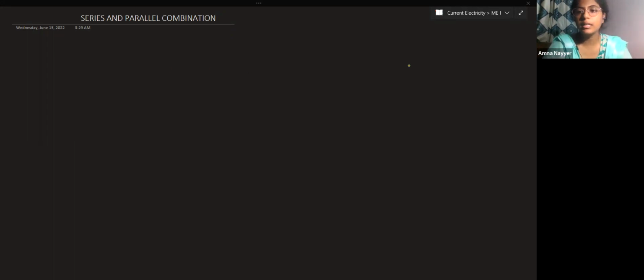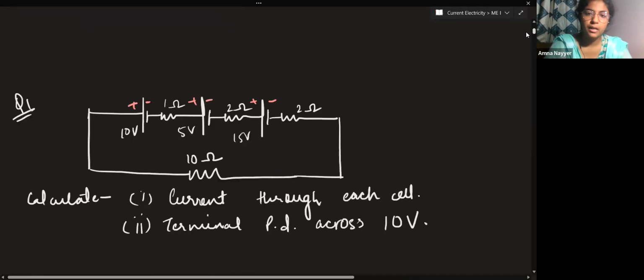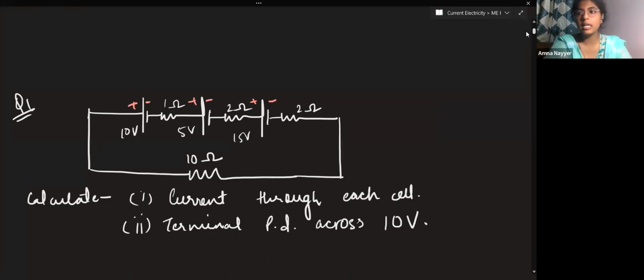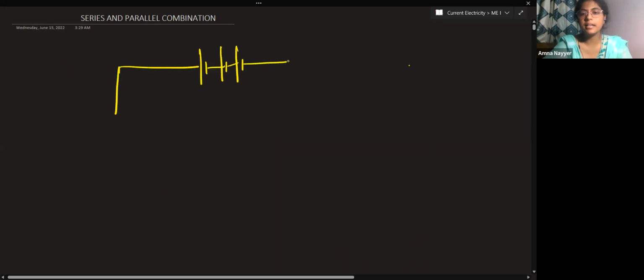See, before we start with the actual series and parallel combination, some questions do come from terminal potential difference, EMF, all these portions. Before that, let me just tell you what is meant by that. For example, cells are connected. External resistors are there.